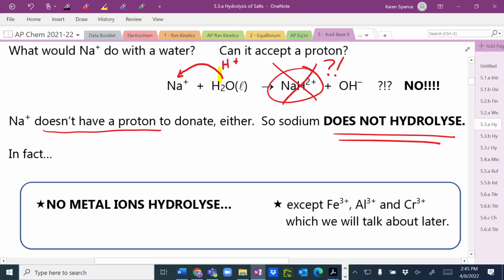In fact, no metal ions ever hydrolyze except for 3: Fe 3+, Al 3+, and chromium 3+, and they do something special when they are in water that we'll talk about a little bit later.